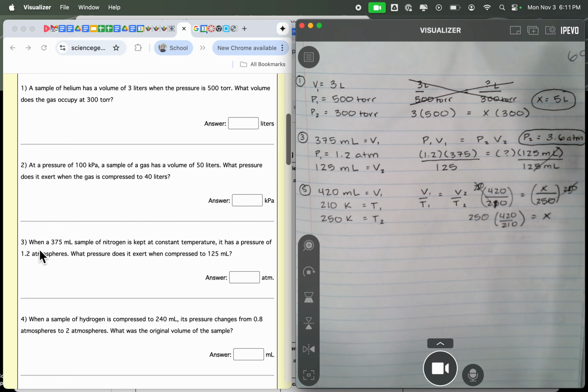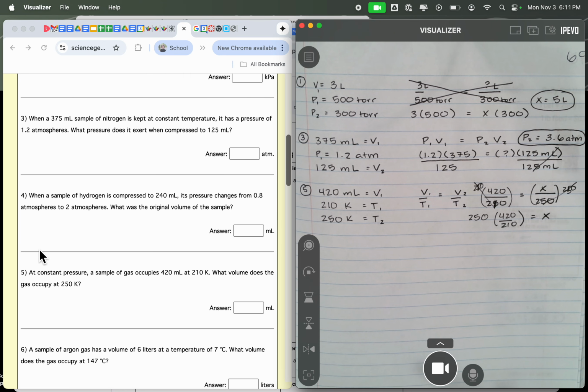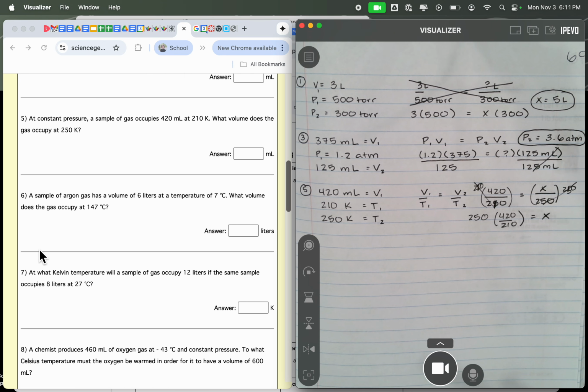I want to do a couple together anyway. So let's zoom down here and pick one that's a little trickier. Let's do number 6. Something with Kelvin. A sample of argon gas has a volume, okay, here volume, so I know already I'm going to have V1 and V2, a volume before and volume after.